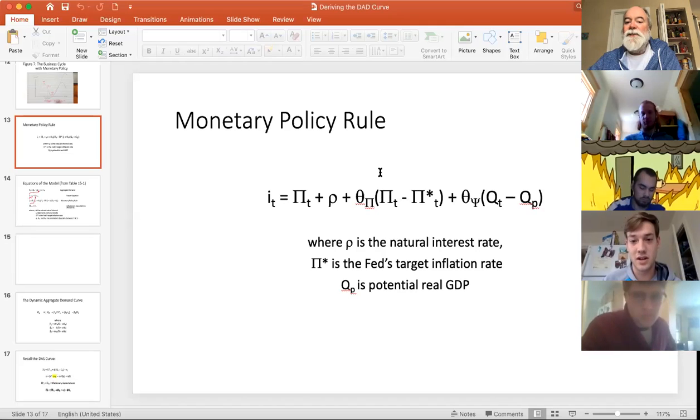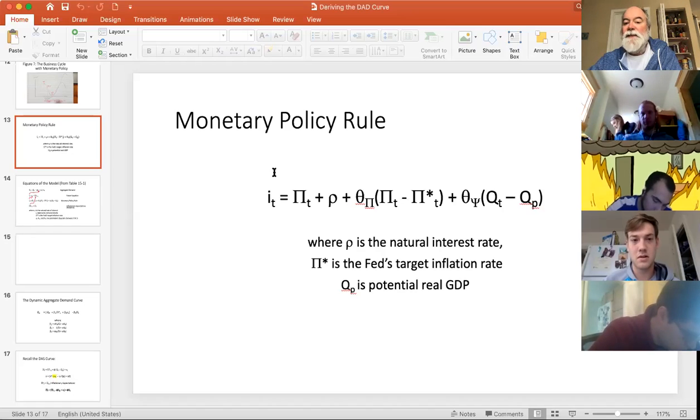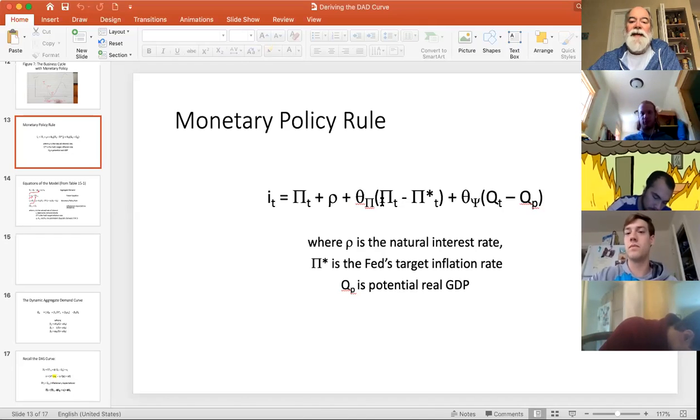If inflation is too high, the Fed would raise interest rates to try to slow the economy down and bring the inflation rate back to target. Okay. Does that make sense? Yes. And that's why this theta is a positive term. So what's in the brackets here, if that increases, then interest rates go up too.